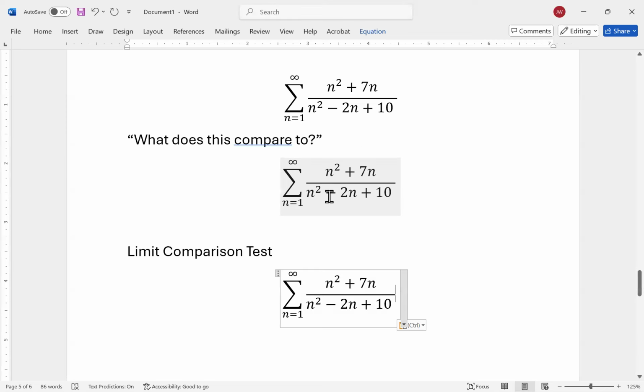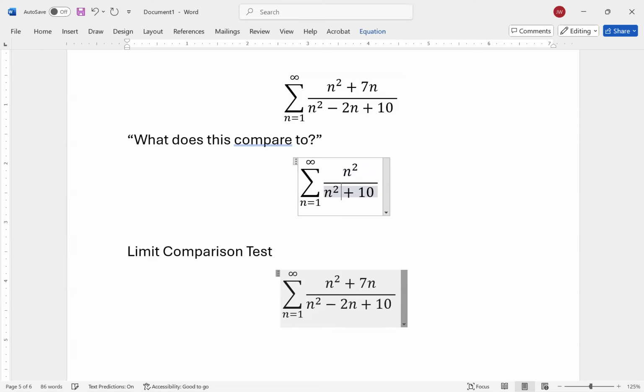Now, as n gets really, really big, the numerator is going to be dominated by that n squared term, and the denominator is also going to be dominated by that n squared term. When I cancel things out, I get a sum of just 1.